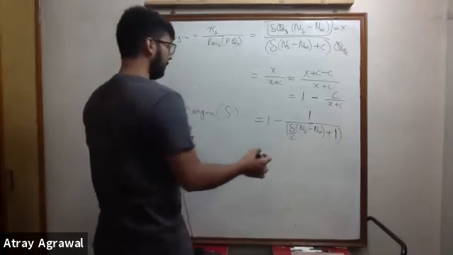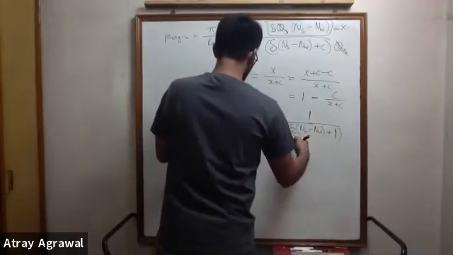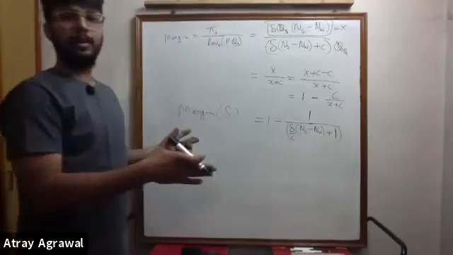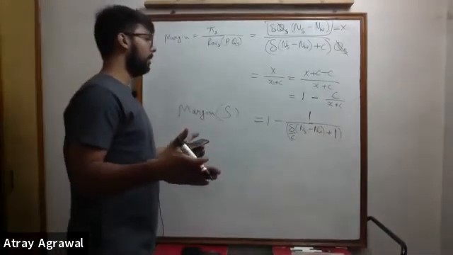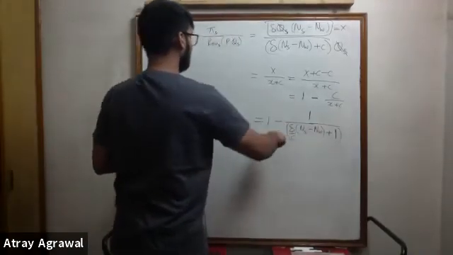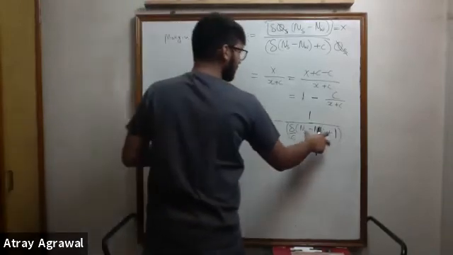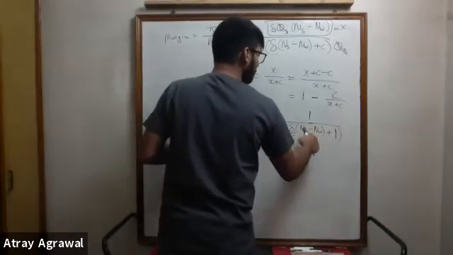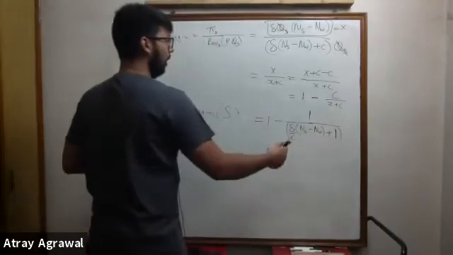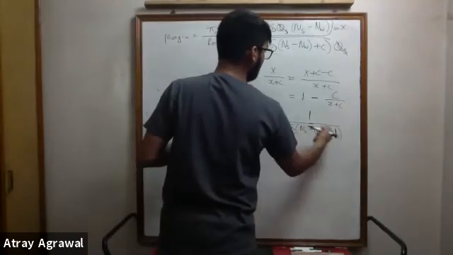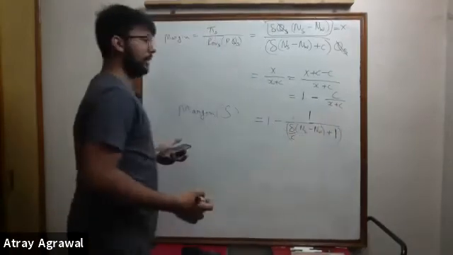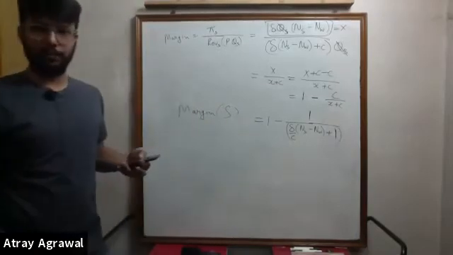Finally, you can see if NS is equal to NW, so the network worth of the network S by the stronger company and the weaker company are the same, then this will become zero. Because this is in the denominator, don't forget, if this becomes zero, this whole thing becomes zero and the ratio becomes one. 1 minus 1 will become zero, so the margin will also become zero.